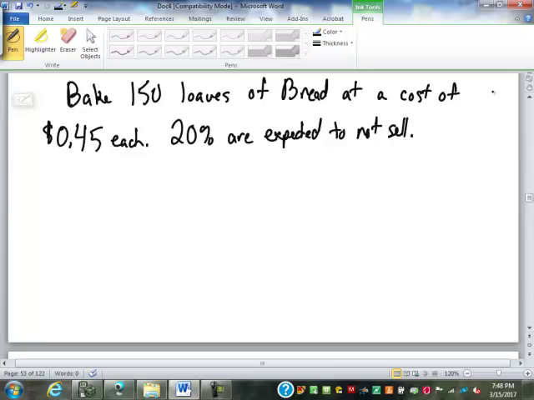Again, maybe they collapse a little bit or get smashed on the shelf or they sit there for too long. That's why the Wholesome Bakery used to have the day-old bakery. If they don't sell it the first day, they put it in a different category.